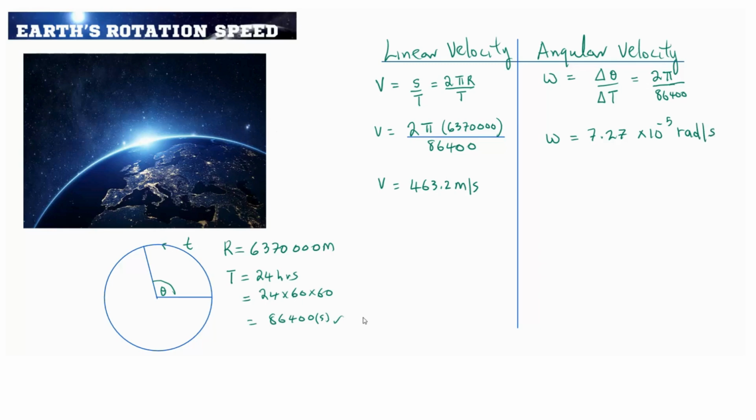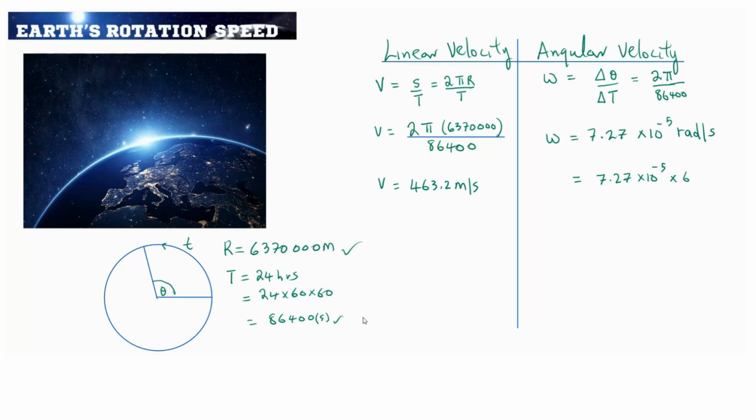Now you can convert this to meters per second by multiplying it by the radius of the Earth, in meters. So if we multiply 7.27 times 10 to the minus 5 times the radius of the Earth, which is in meters.